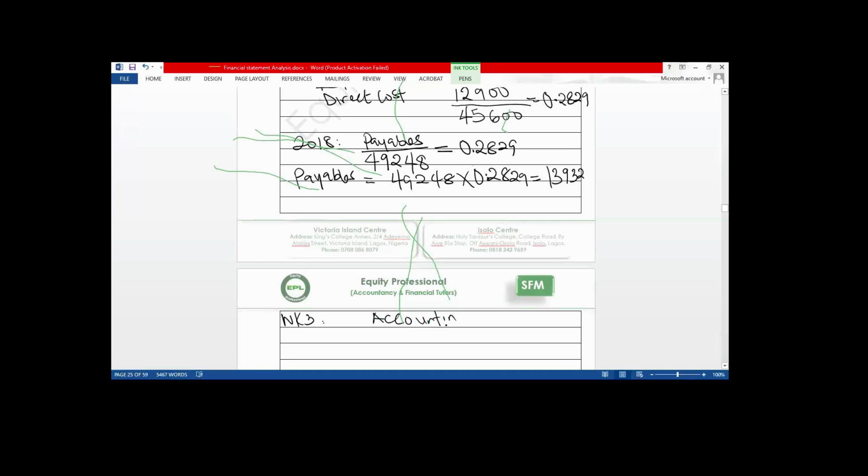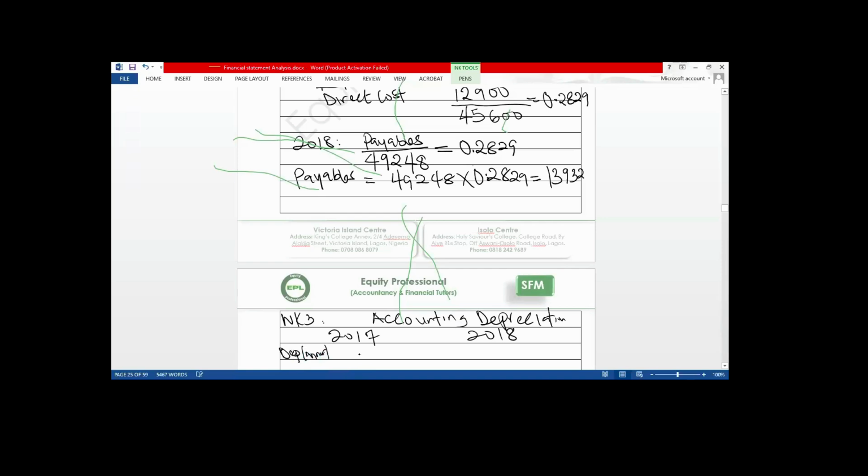Working 3. Accounting depreciation for 2017 and 2018. Annual depreciation, this is annual.